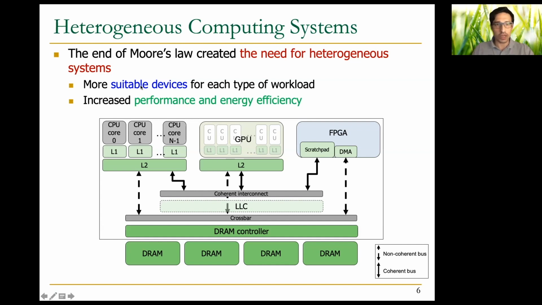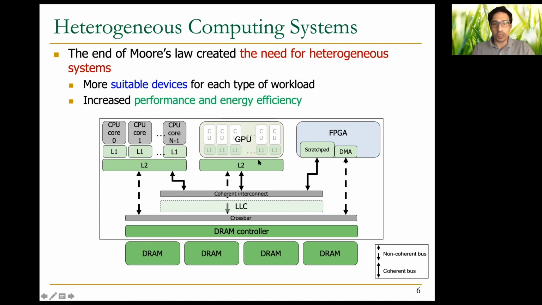This is just an example of what could be a future computing system. I used to say this like 4 years ago when I created this slide and this picture, because by that time we had the vision of incorporating not only CPUs, not only GPUs, but also FPGAs and even more devices into the same chip.